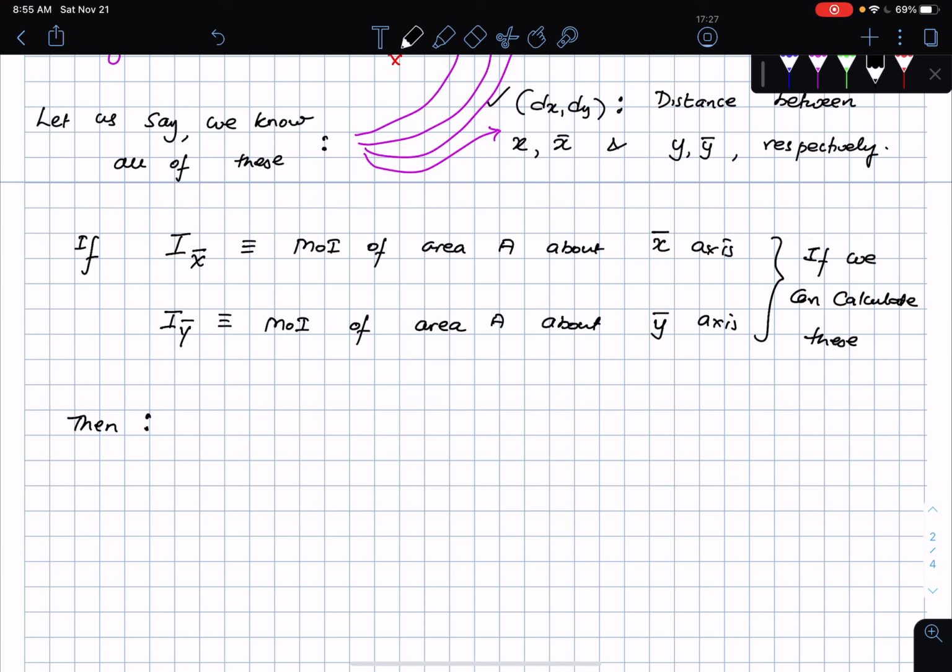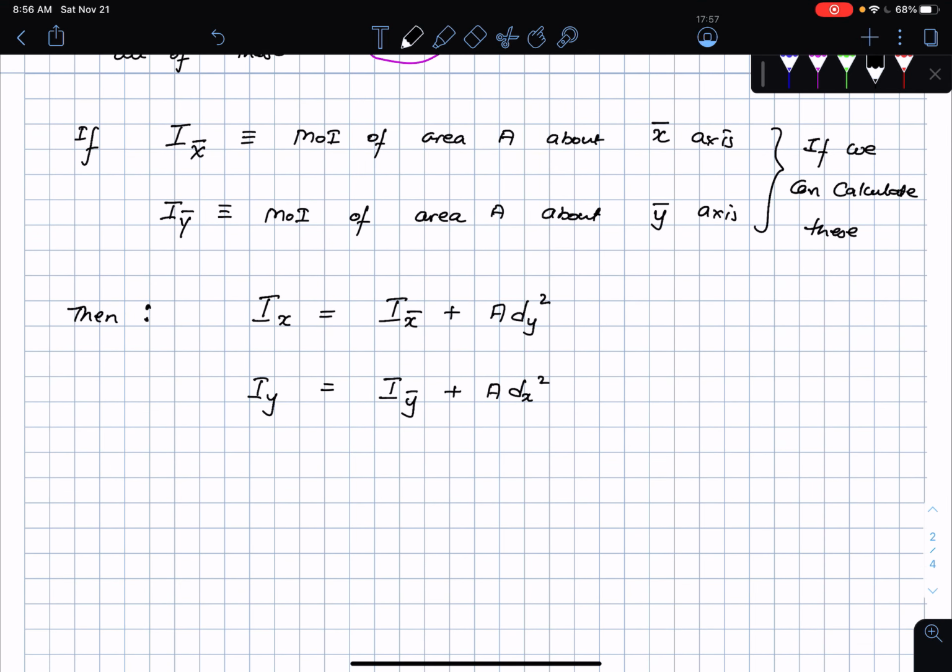Ix is equal to Ix bar plus the area of the shape times the distance between the two axes, dy square. So this is A times dy square, and then Iy is going to be Iy bar plus A times dx square. So this is the parallel axis theorem.